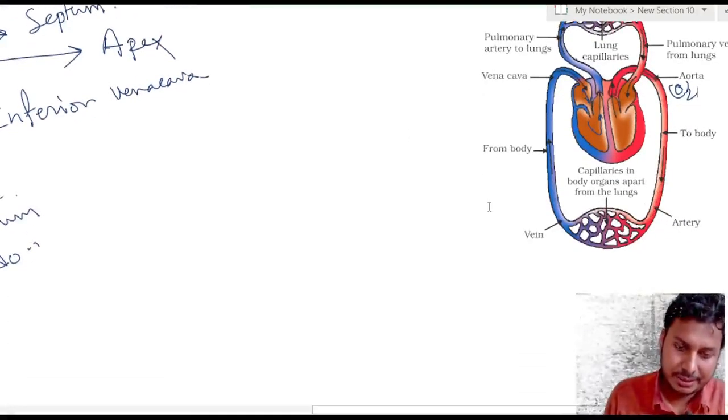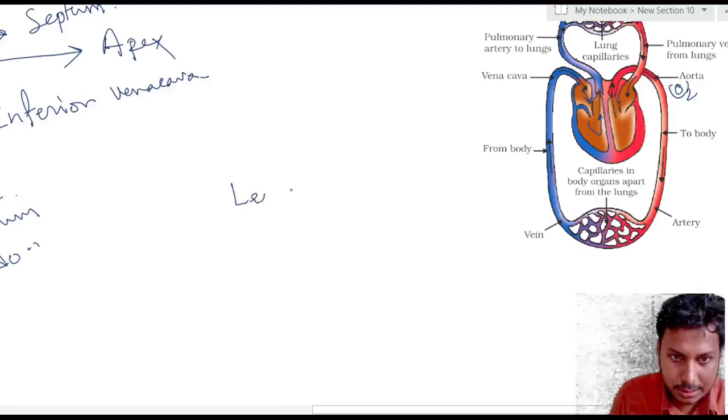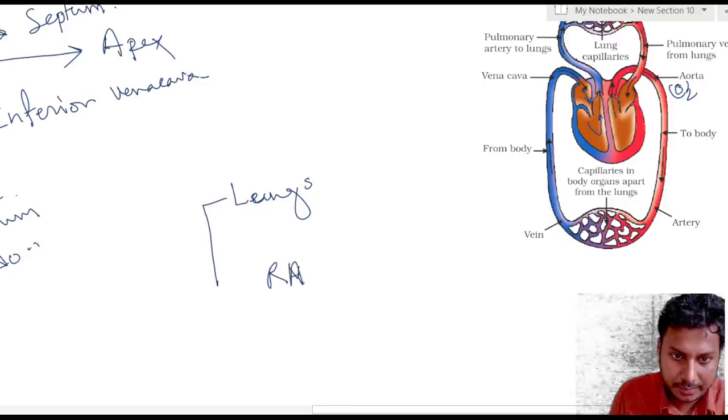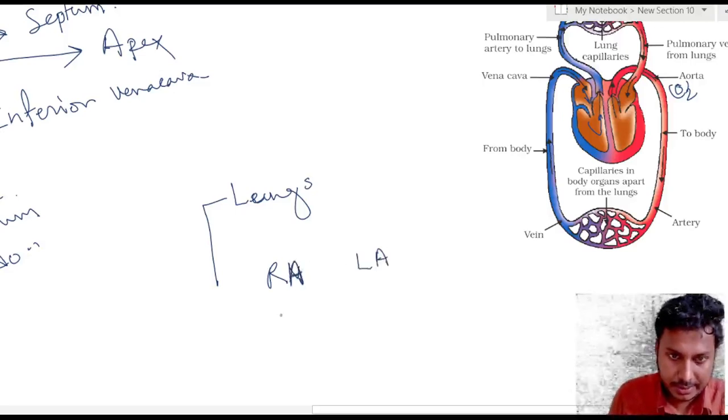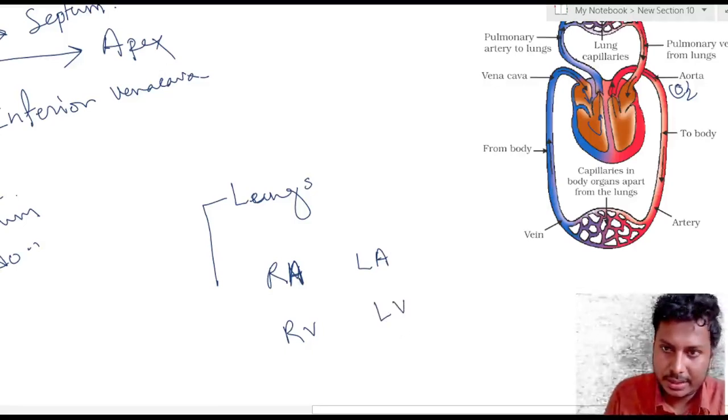If I draw a schematic diagram of this, this is your lung, and from the lungs, here is the right atrium, left atrium, right ventricle, left ventricle.